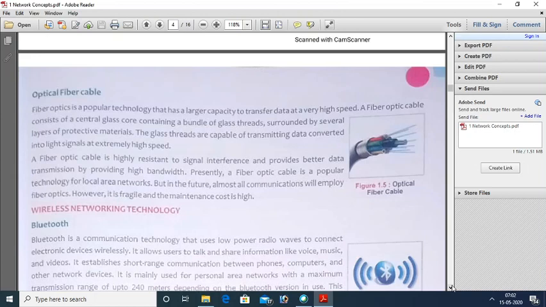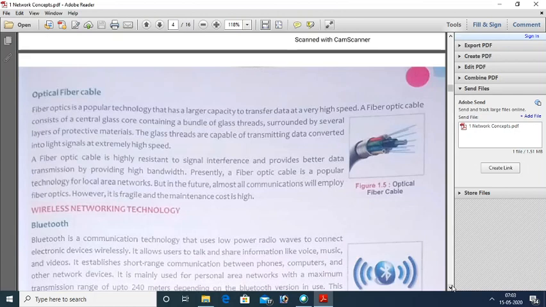A fiber optic cable consists of a central glass core containing a bundle of glass threads surrounded by several layers of protective materials. The glass threads are capable of transmitting data converted into light signals at extremely high speed.